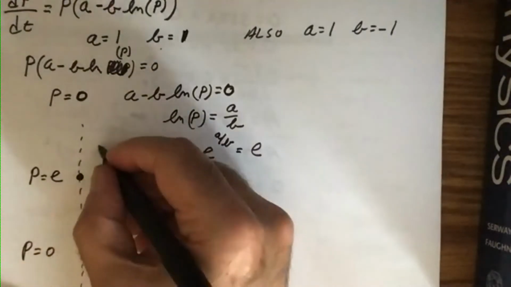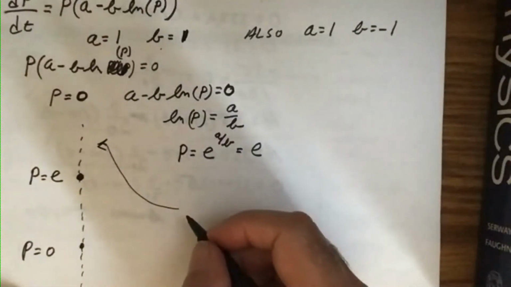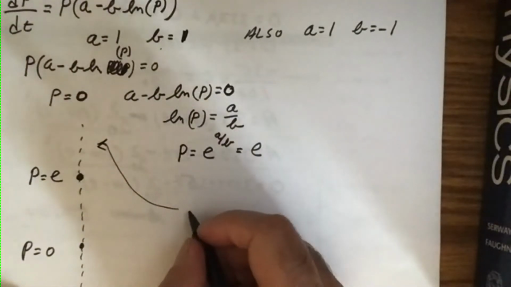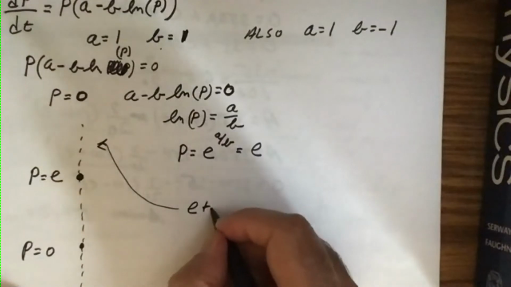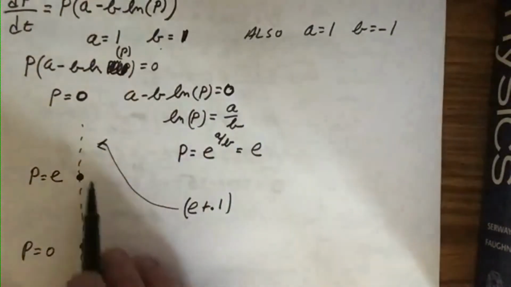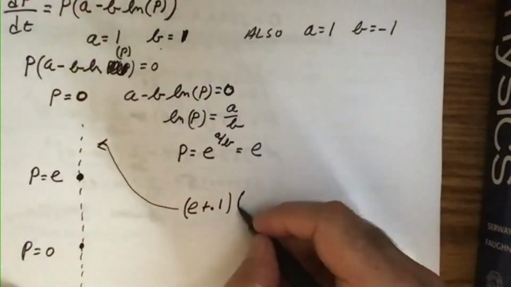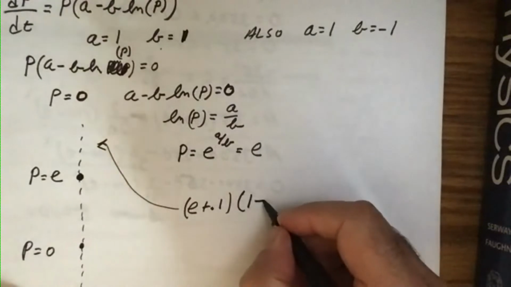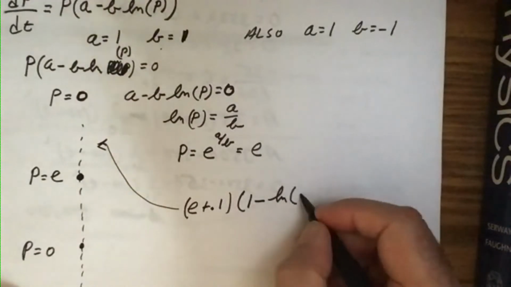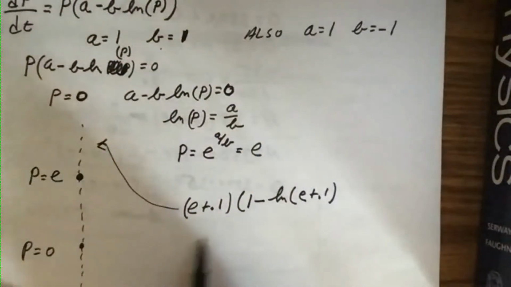So let's say in this region here, that's not what the curve looks like, but in this region here, I'm going to say e plus 0.1. I'm plugging it into here now, which is equal to 1 minus the natural log of e plus 0.1. So that's all I'm doing here.